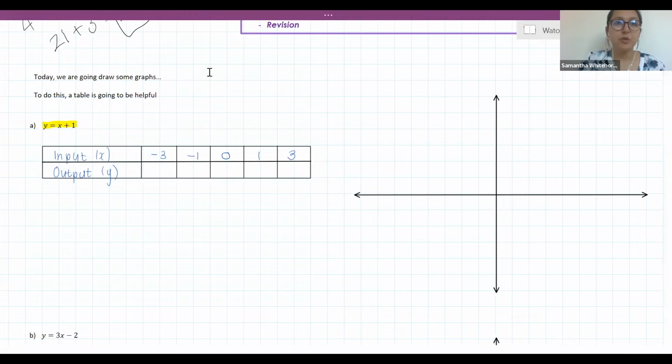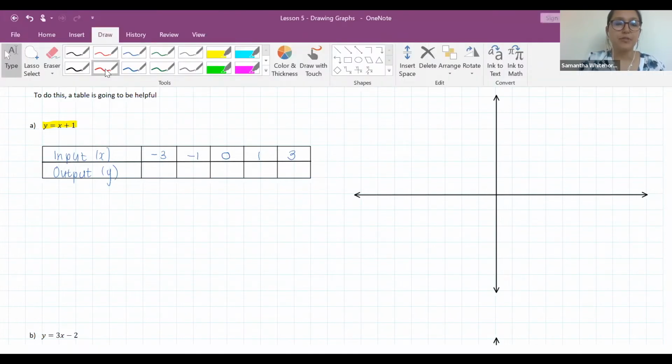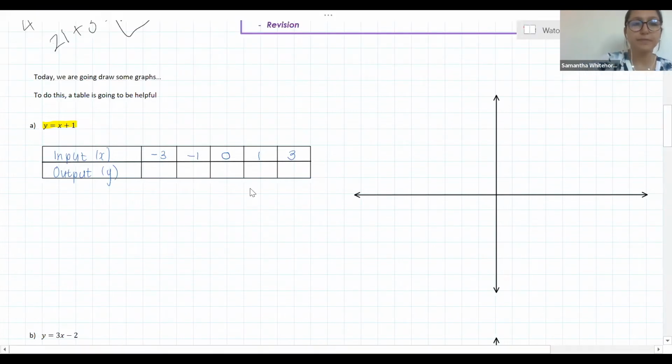I'm going to do the first one with you, and then I'll ask people to raise hands and give me some answers. If we look at our first output, we want to take the rule of y equals x plus 1, and substitute in my input of -3.